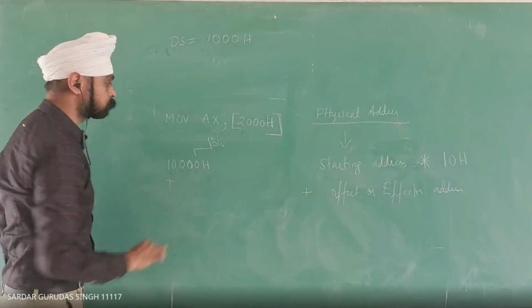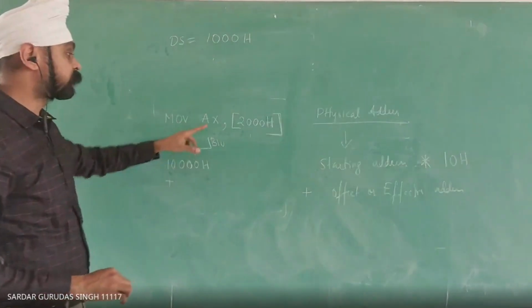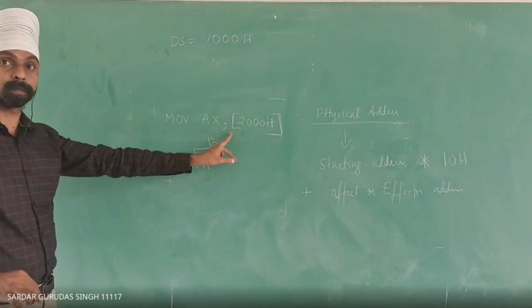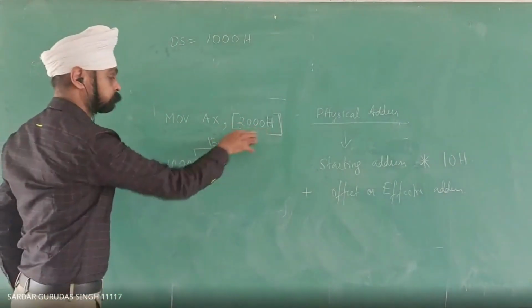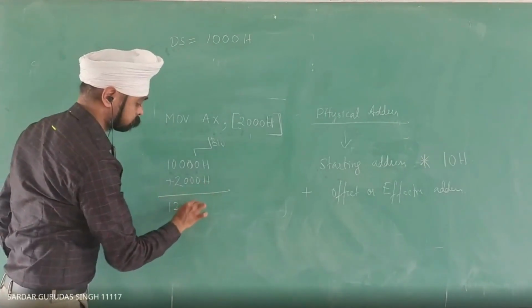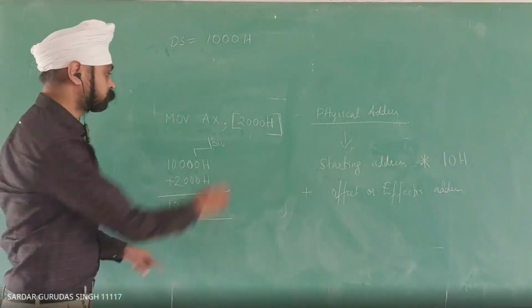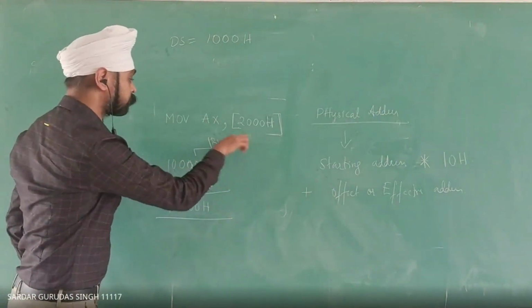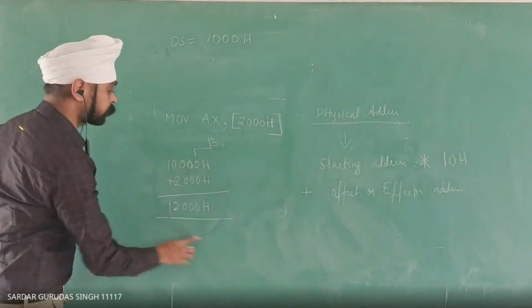Plus, the effective address, the offset address. Where is it specified? In the instruction. What is it? 2000H. Internally, this is how your CPU will get the address.